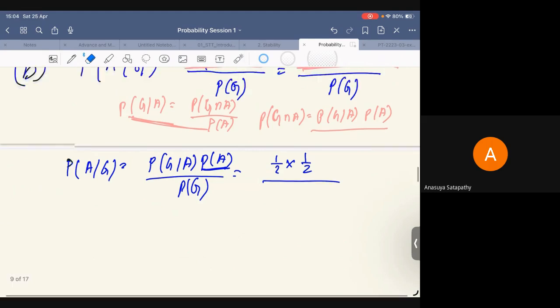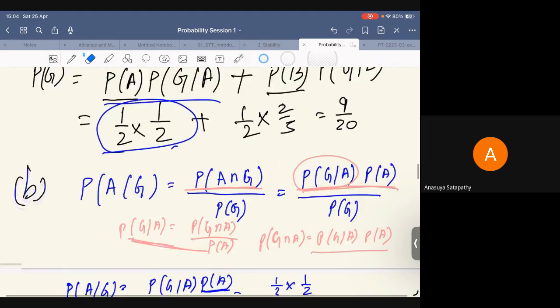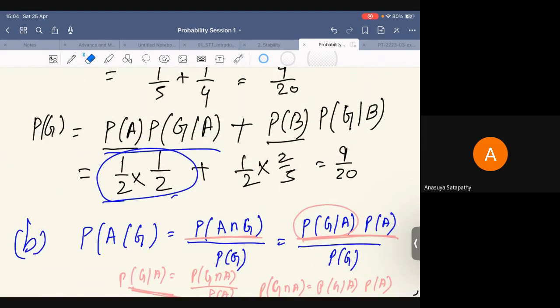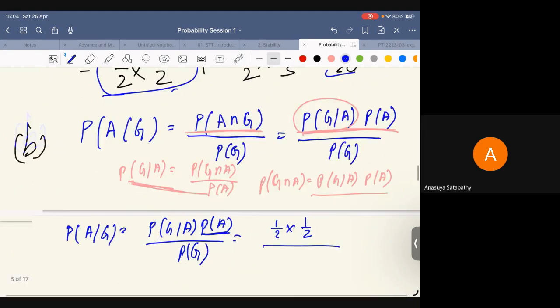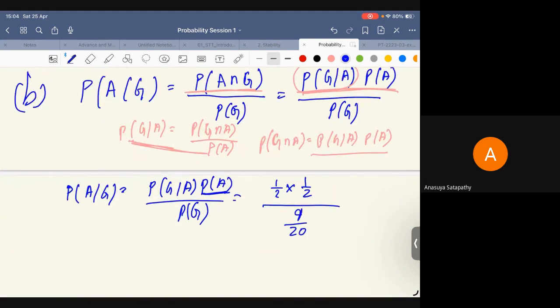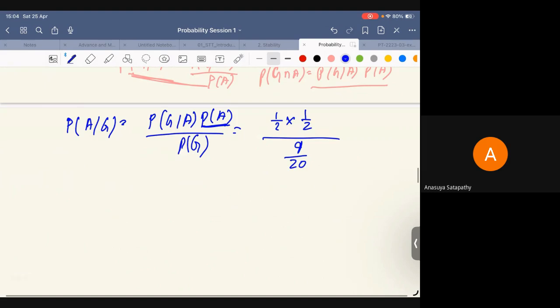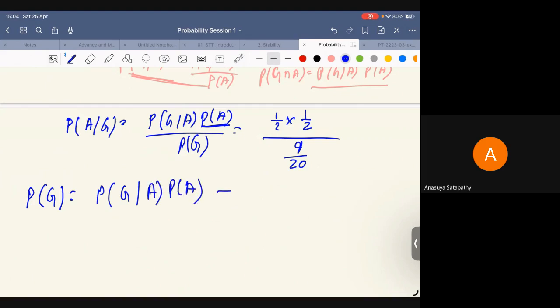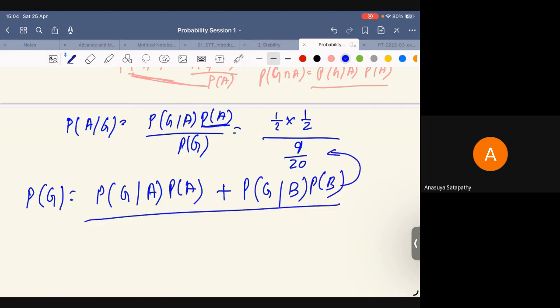We have already solved it: 9 by 20. If you hadn't solved it before, you would have to solve it: probability of getting a green ball from urn A times P of A plus probability of getting a green ball from urn B times P of B. Then you would have put the value here. So you got the value, which is 5 by 9.